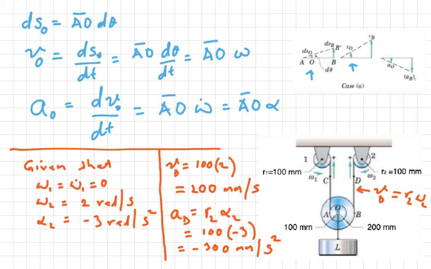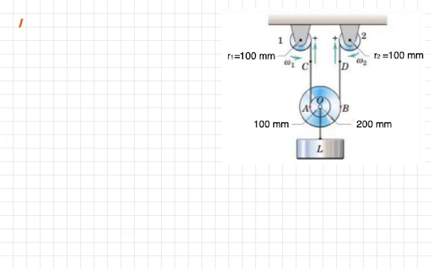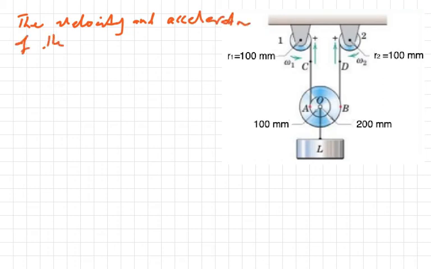So we can then compute the velocity and acceleration of the double pulley, which is where the strings are attached.